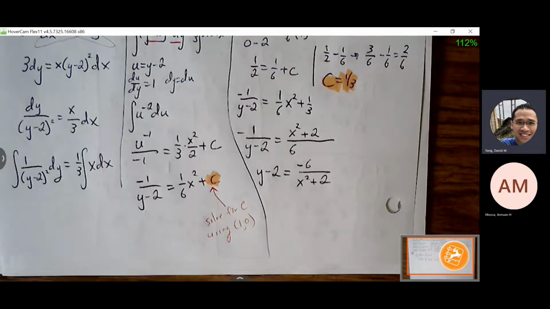Not sure why my key is showing a different answer. Yeah, I think I'm right here. I think my key may be wrong. Okay, so I'm going to add 2 to both sides.